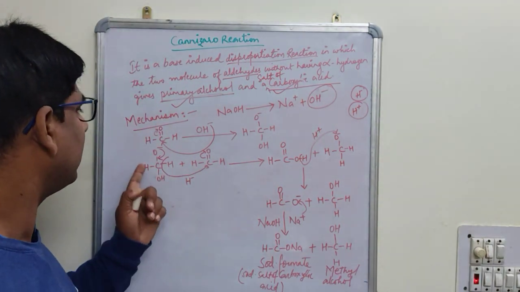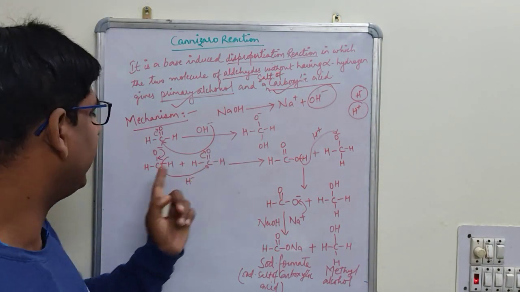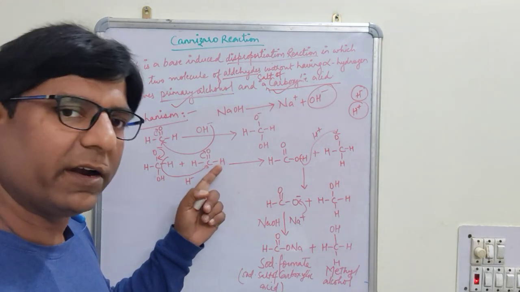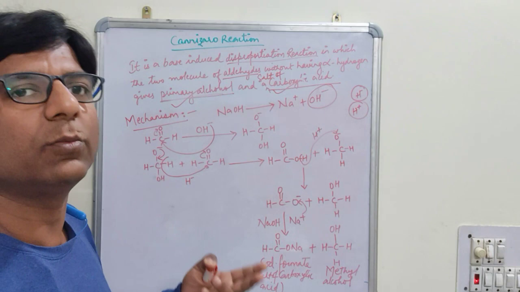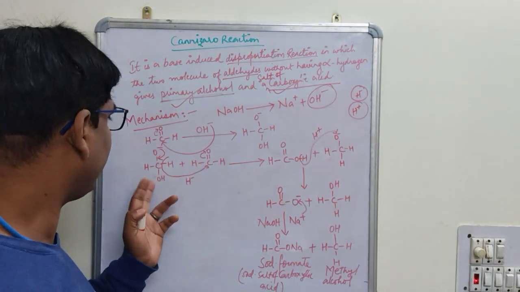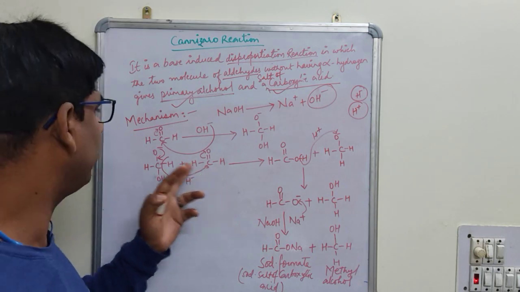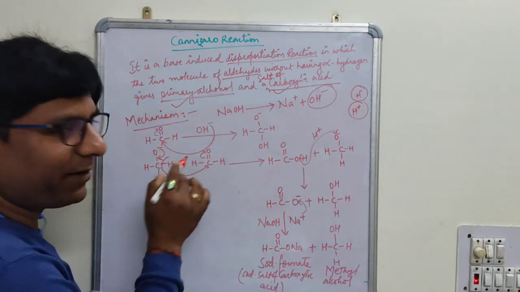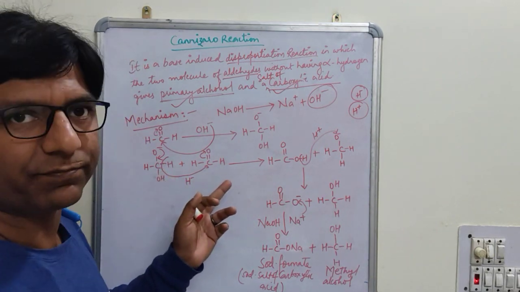In the next step, this intermediate reacts with a fresh molecule of aldehyde, that is formaldehyde. Already in the reaction you have seen that you have taken 2 moles of it, right? We have used the first mole over here. Now the fresh molecule of formaldehyde reacts with this intermediate, and there is a hydride transfer, a hydride shift.